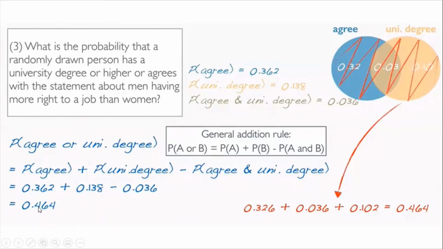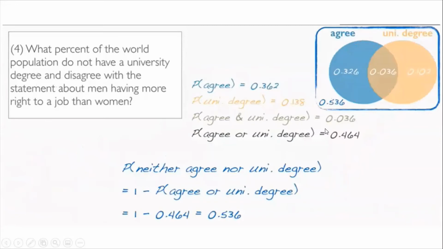That's why we got 46.4%, which is greater than these values. And when you multiply, because these are decimals, you should get a smaller value than the individual values. That is the basic concept.